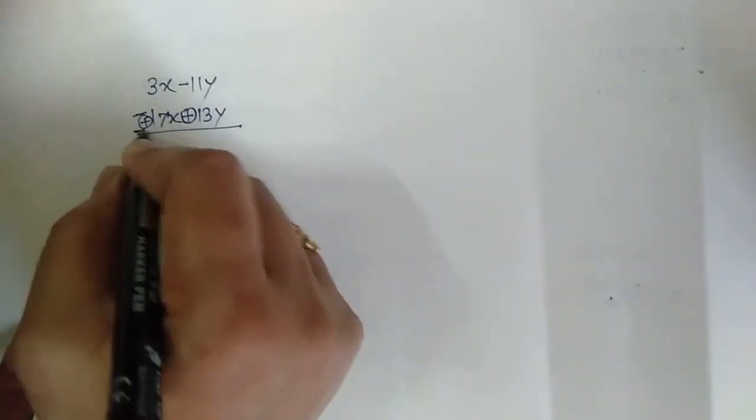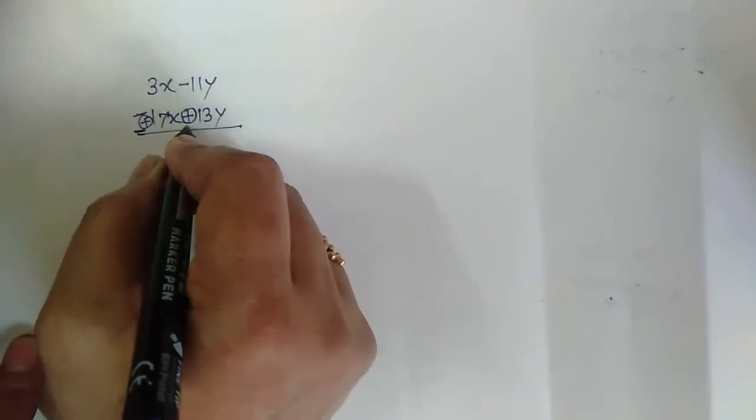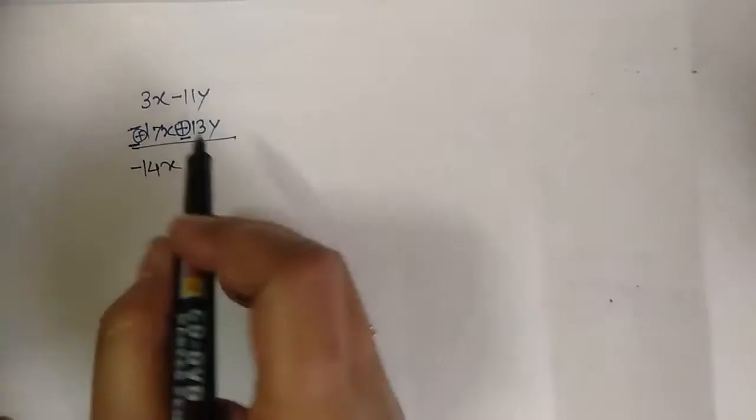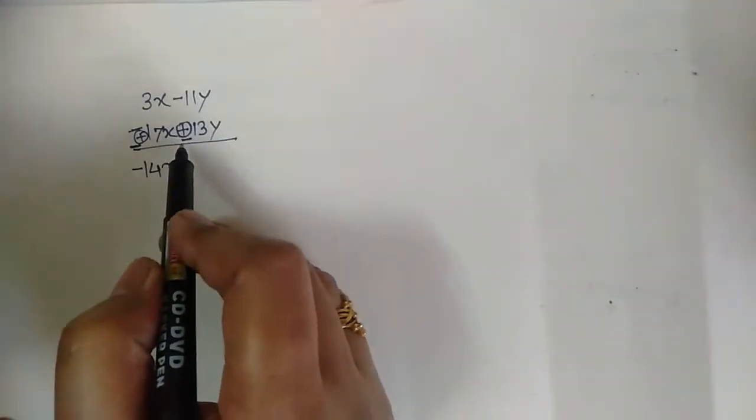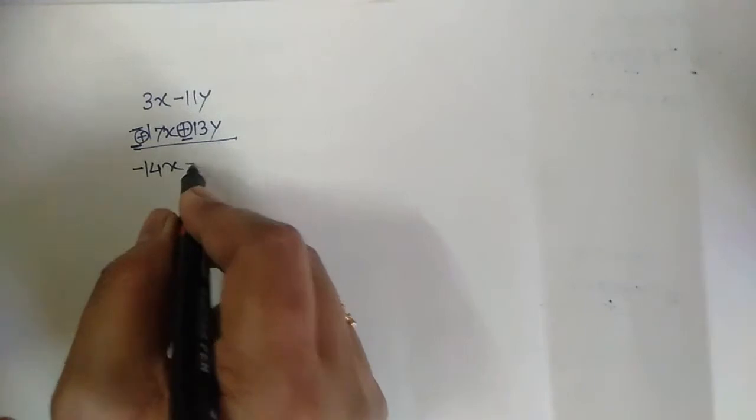So this plus becomes minus and this plus becomes minus. So thrice x minus 17x is minus 14x. And minus 11y minus 13y is minus 24y.